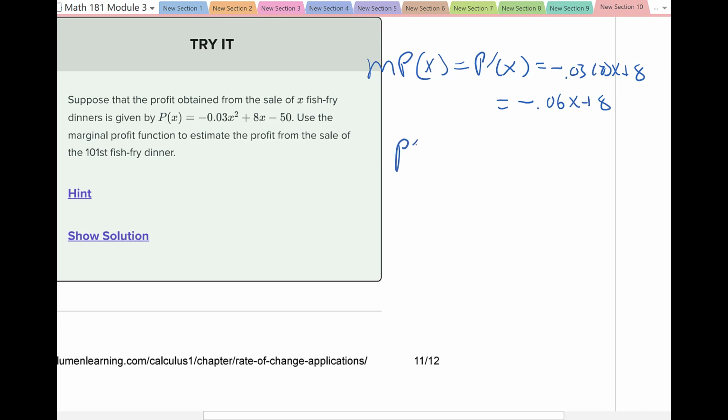So if we're looking at P prime after we've done 100 of these, that's negative 0.06 times 100 plus 8, which is negative 6 plus 8, which is 2.